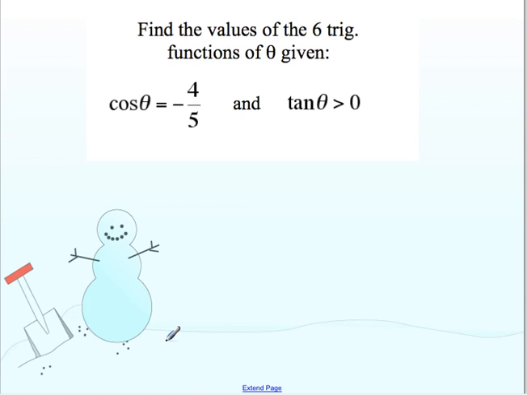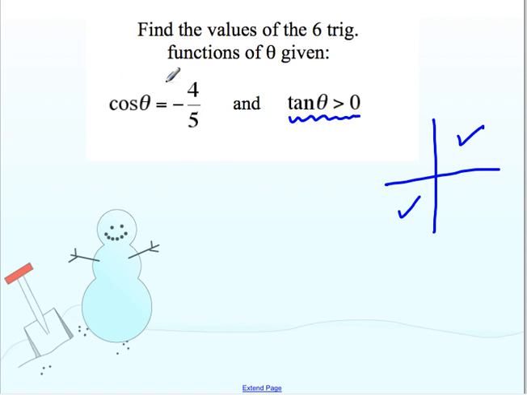Okay, this one. Find the values of the 6 trig functions. So again, we have to figure out what quadrant to put it in. So this is saying tangent has to be positive. Well, tangent is positive in the first quadrant and in the third quadrant. That's where tangent's positive.